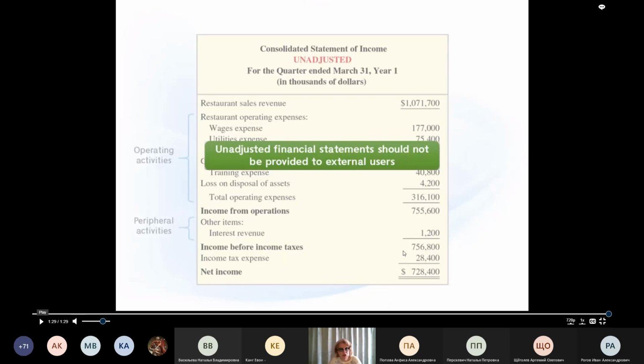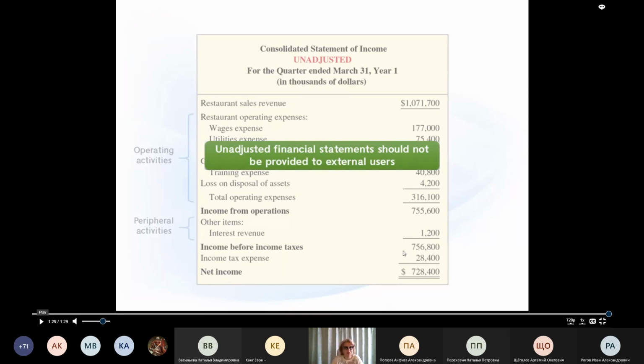But right now, what is important to understand is that to prepare an income statement for the period, we should provide some additional accounting procedures. Once again, if we prepare the income statement as an adjusted income statement, we also should classify all activities into main operating activities and some additional or peripheral activities.